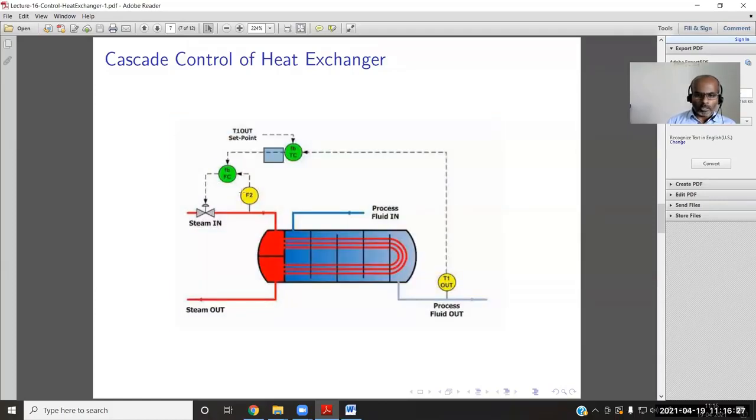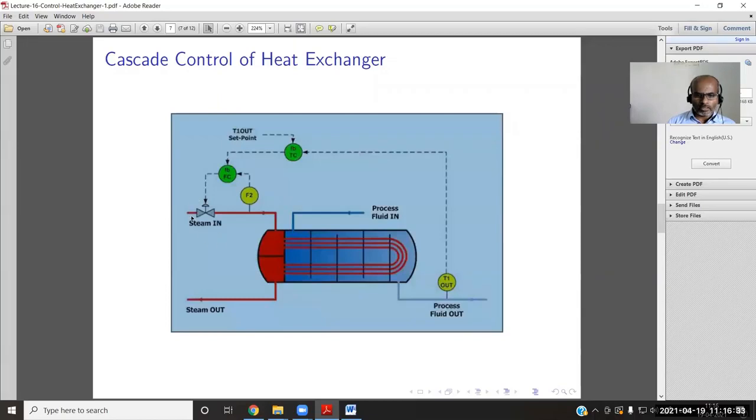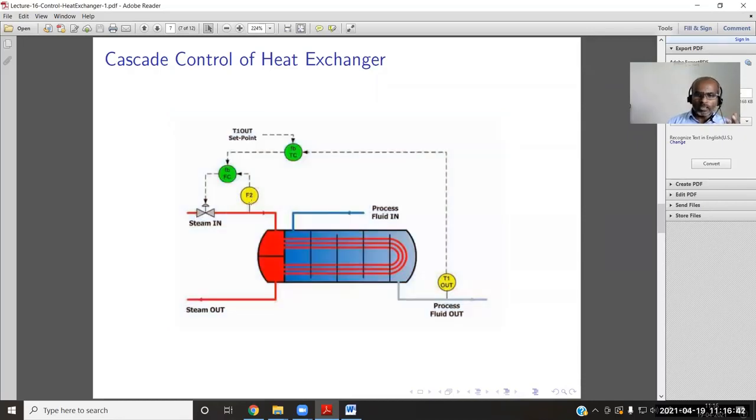For the flow controller there is a measurement and a controller action, and it acts on the final control element. So in cascade control, to recollect what we discussed in the last class, there is only one manipulated variable, and there are many measurements and many controllers.